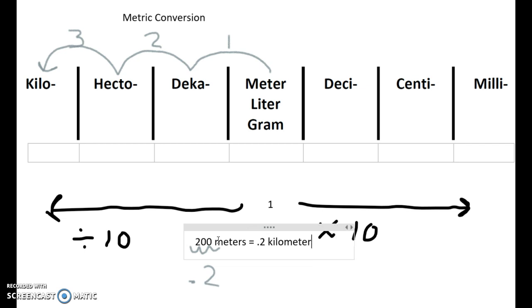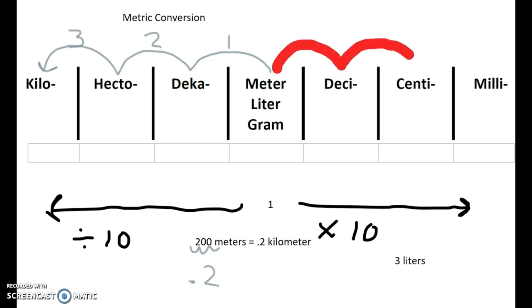What about if we have 3 liters, and we want to go to milliliters? So if we have 3 liters and we want to move to milliliters, we move 1, 2, 3 times to the right.